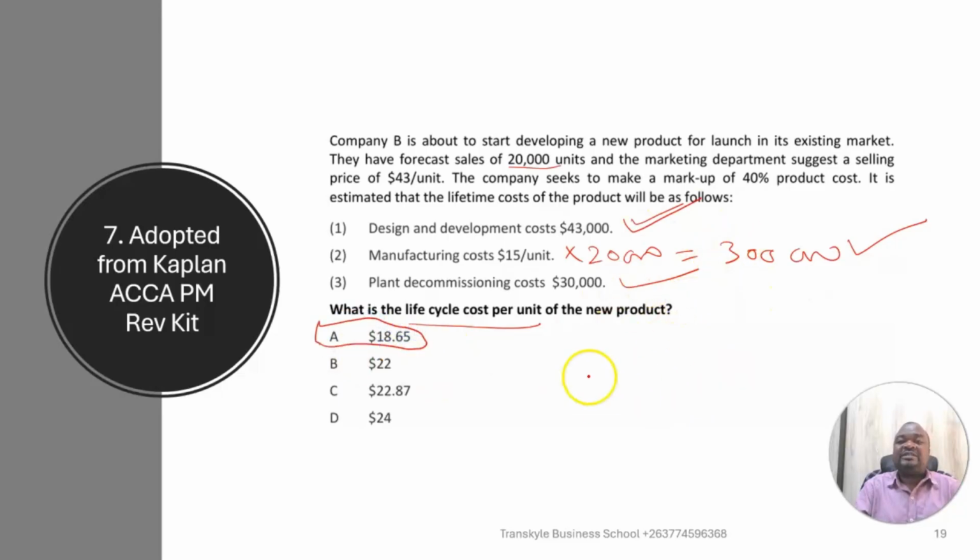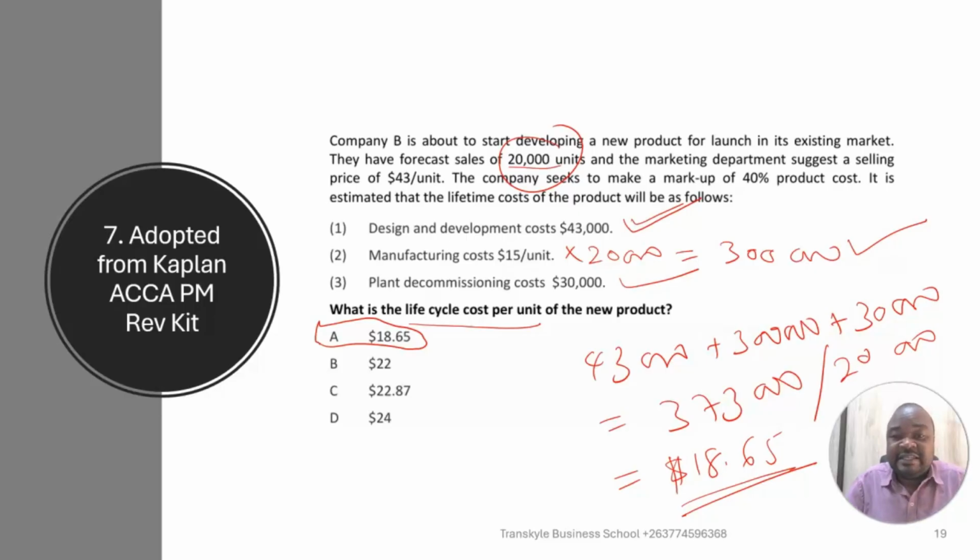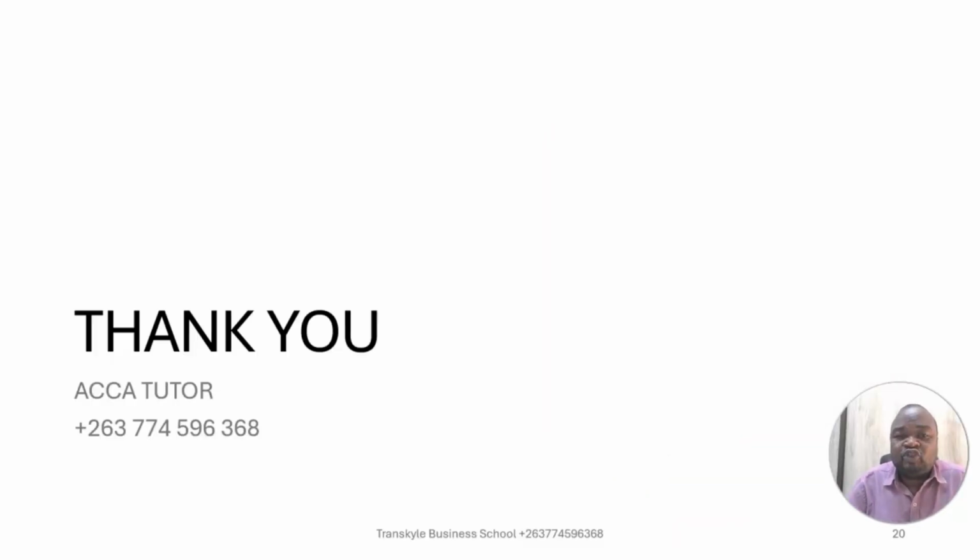So for those who are not quick enough, we are saying 43,000 plus 300,000 plus 30,000 gives us 373,000, divided by the units produced, which is 20,000. This should give us $18.65 per unit. So, ladies and gentlemen, this is the easiest topic you can meet in this examination.